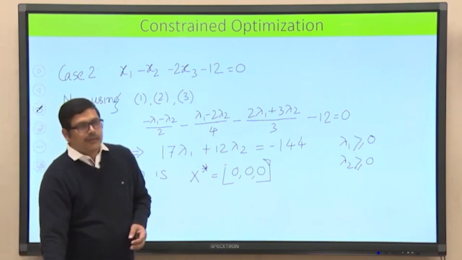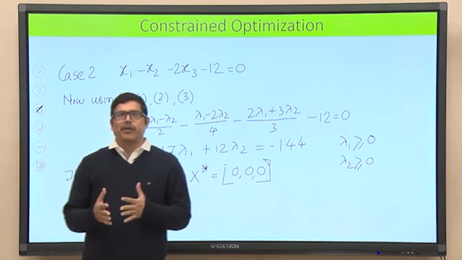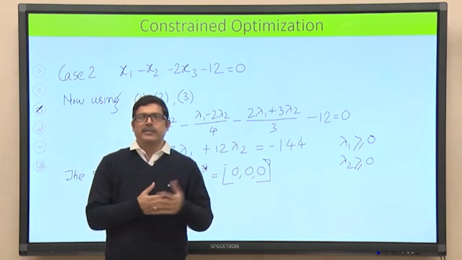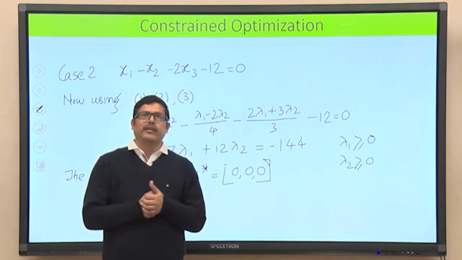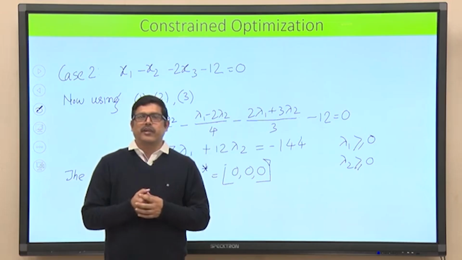Okay. So, let us stop here. Today we have discussed the problem with inequality constraint. In the last class we discussed the problem with equality constraint, where we derived the Lagrange function, and from the Lagrange function I can apply the necessary and sufficient condition.